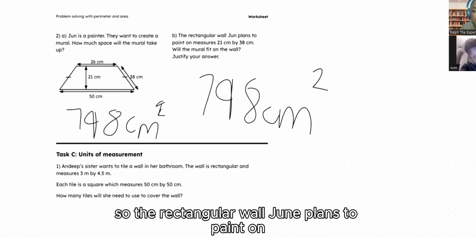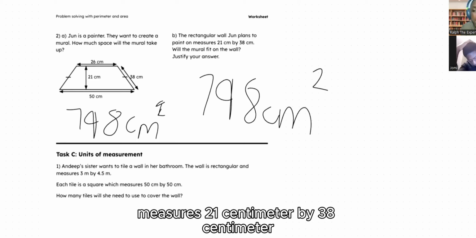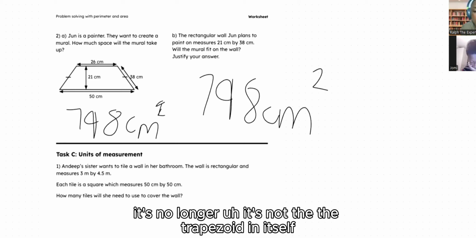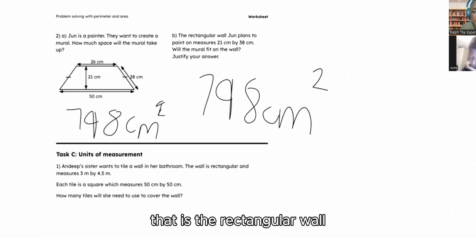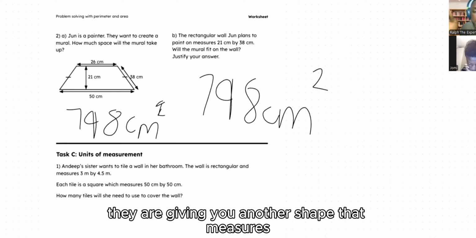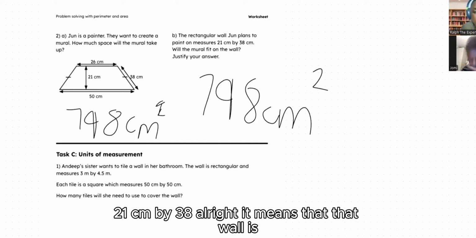So the rectangular wall June plans to paint on measures 21 centimeter by 38 centimeter. It's not the trapezium in itself, that is the rectangular wall. They are giving you another shape that measures 21 centimeter by 38.